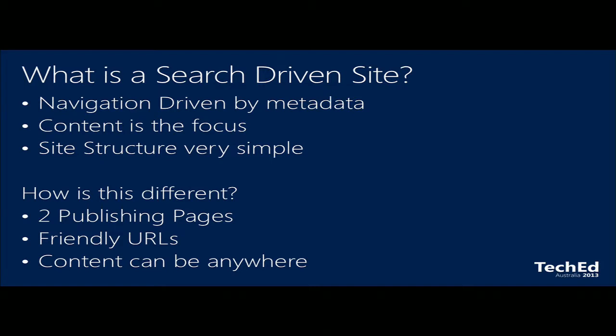The demos I'm going to go through are very product-centric, but I don't want you to think that's the only thing you can use product catalogs for. Product catalogs will allow you to publish content into the search index and then make it searchable using a whole bunch of new web parts released in 2013.